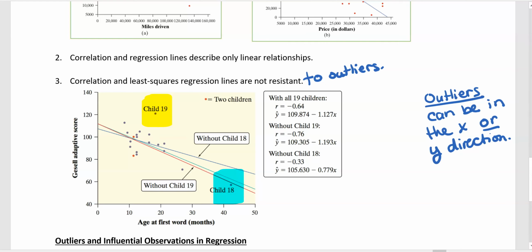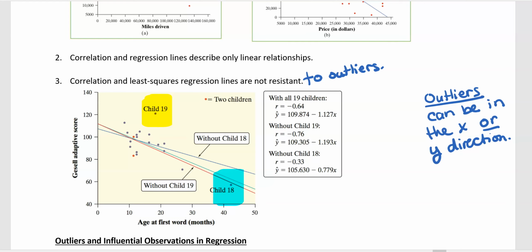Child 18 down here is an outlier in the x direction because it's way far away. The next largest point is probably like 28 or 29, somewhere in that ballpark, and child 18 is over 40 months. That is much larger than everything else, so that's why that one's an outlier in the x direction.